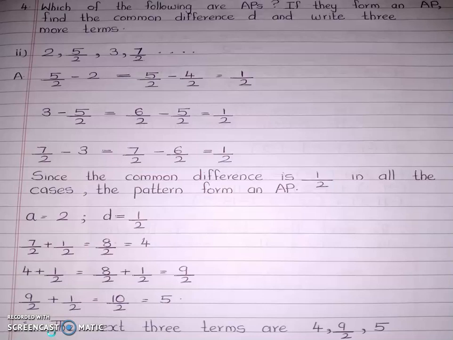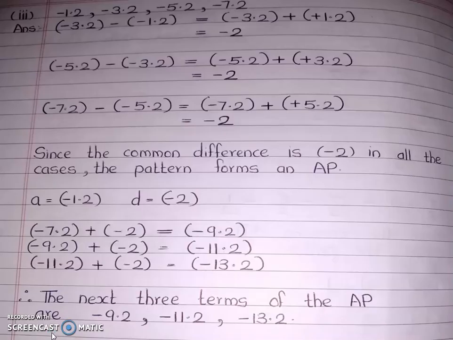Next one, we will have the third question, that is negative 1.2, negative 3.2, negative 5.2 and negative 7.2. Here also the same rule persists, that is you will do second term minus first term, third term minus second term, fourth term minus third term.